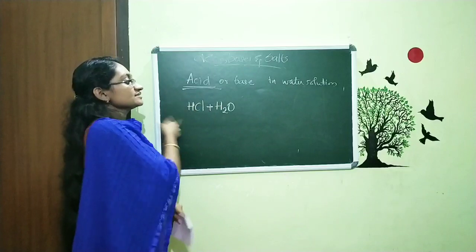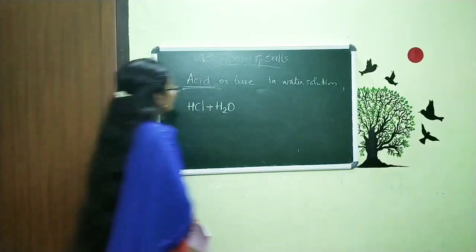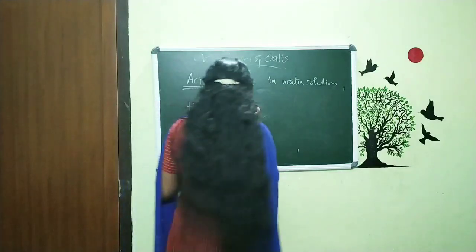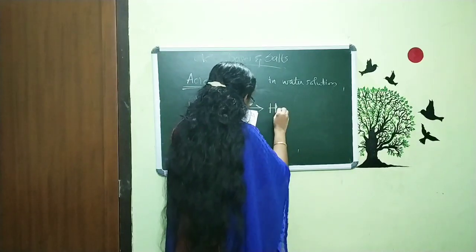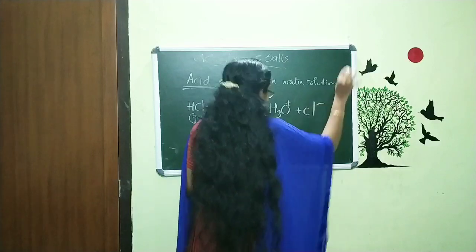This is the water and this is the hydrochloric acid, HCl, in gaseous form. When it reacts, the product is H3O plus Cl minus.